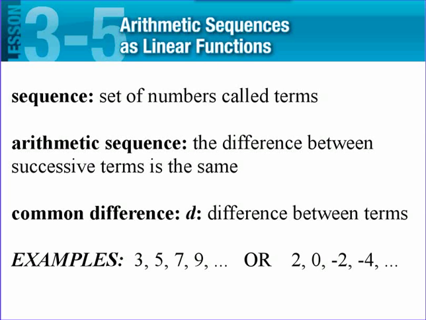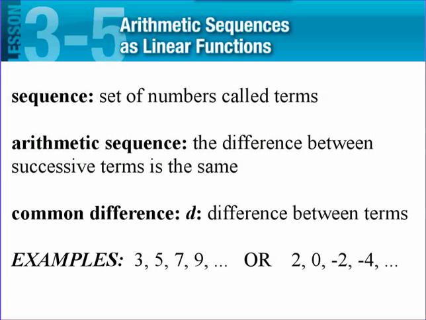So you're going to notice some examples below. We have 3, 5, 7, 9. That is an arithmetic sequence. In looking at that arithmetic sequence, I want somebody to tell me, what do you think the next term after 9 would be? 11. So what are you doing to every term?